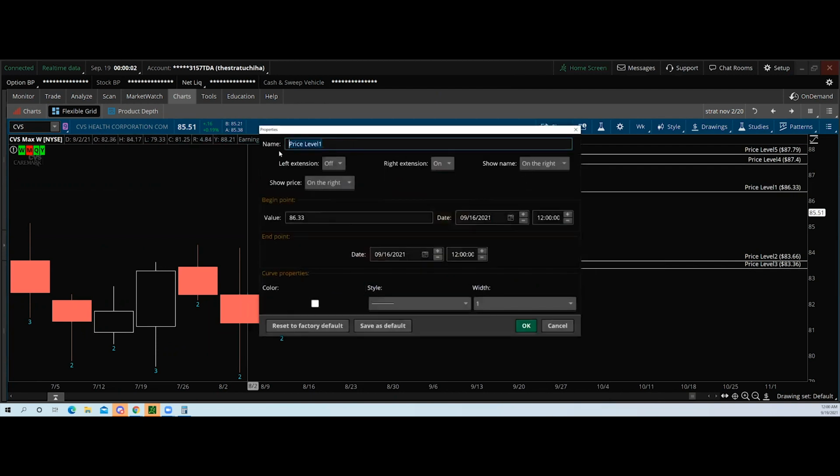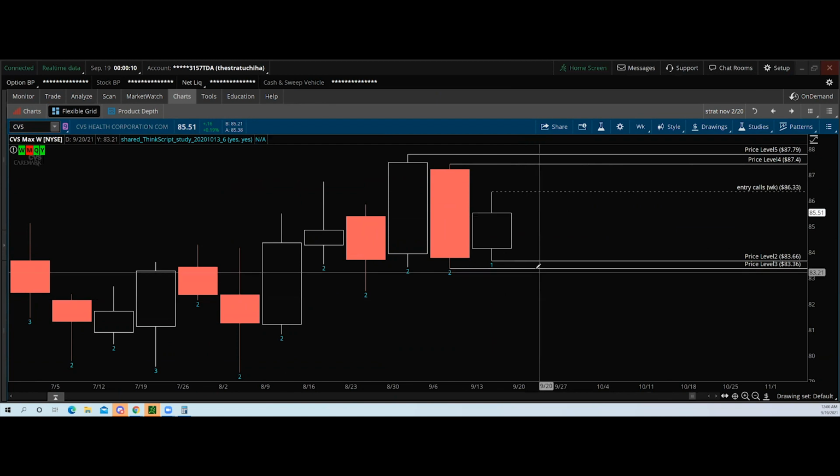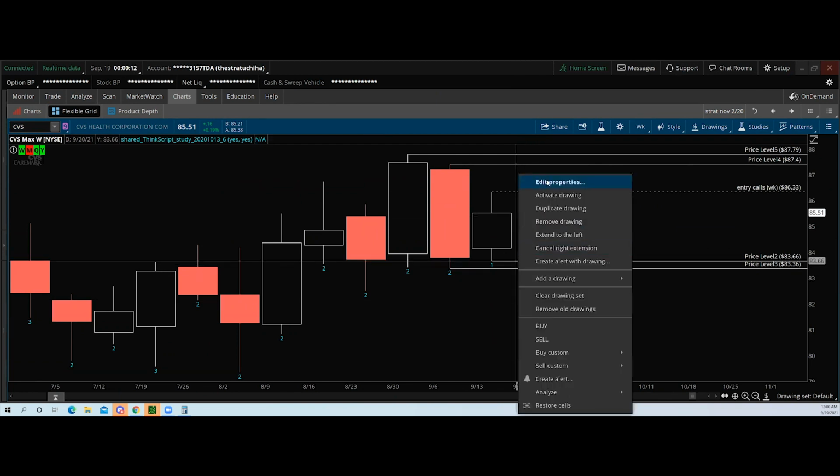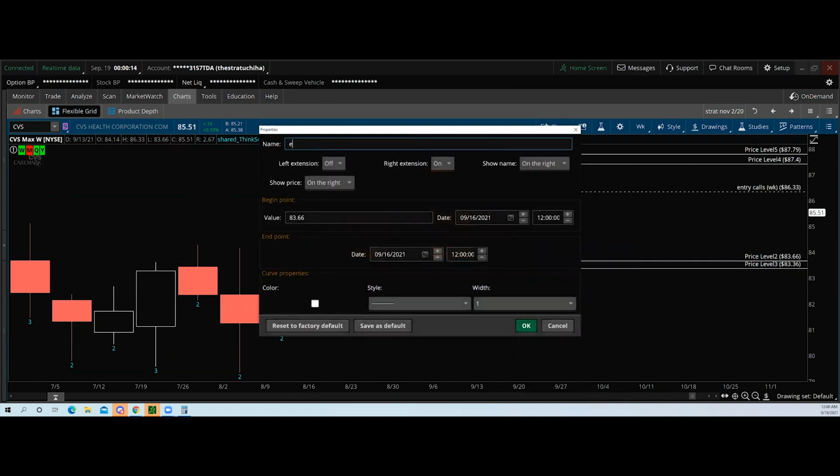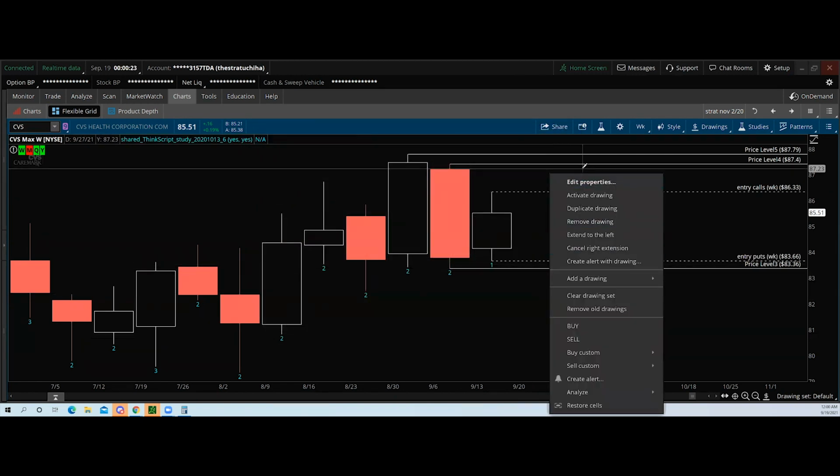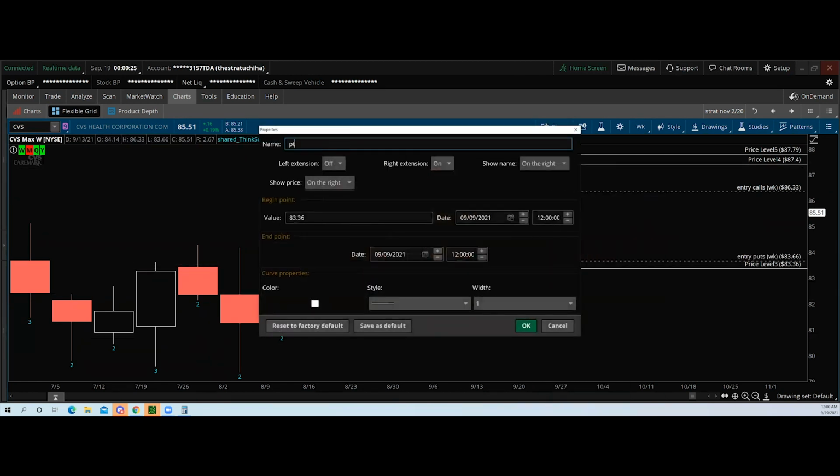So this will be your entry for calls on the week. Entry calls week. Then this will be your entry for puts on the week. Entry puts week. And then here's your PT1 for puts on the week. PT1 puts week.